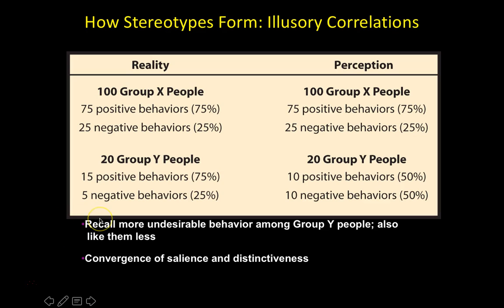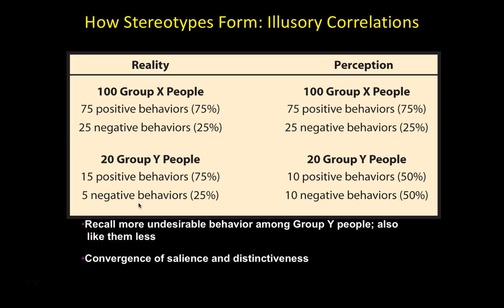Also, negative behaviors tend to stand out. Negative behaviors are more salient, they grab more attention, they tend to be more readily remembered. So if you're distinctive and you behave negatively, those kinds of behaviors are especially likely to be remembered as we form impressions.